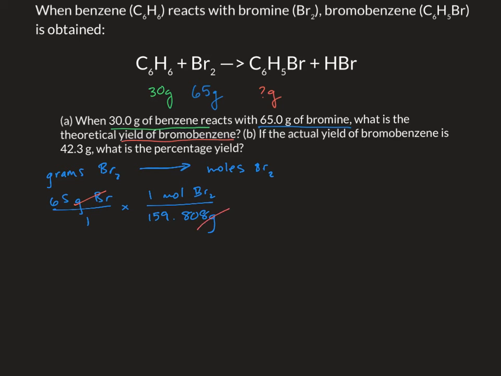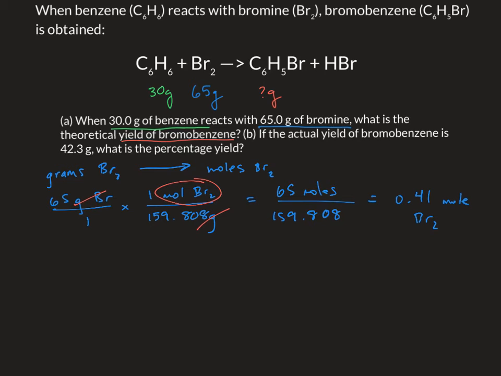Grams cancels, leaving us with moles. And we end up with 65 divided by 159.808. And that gives us 0.41 mole of bromine.